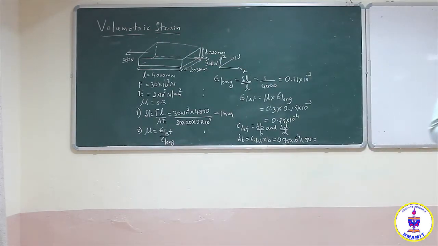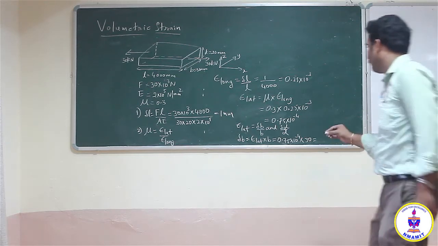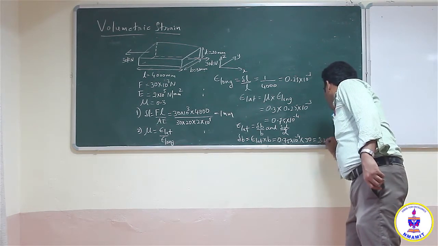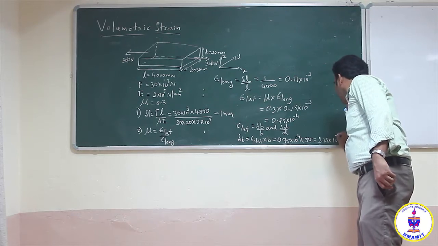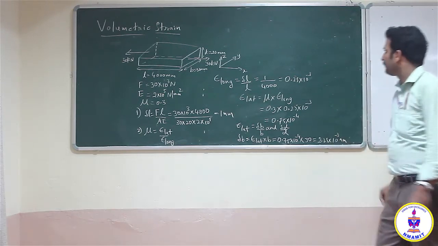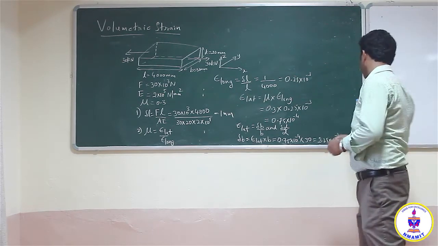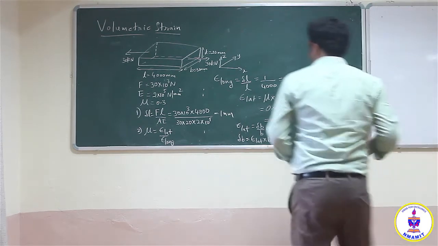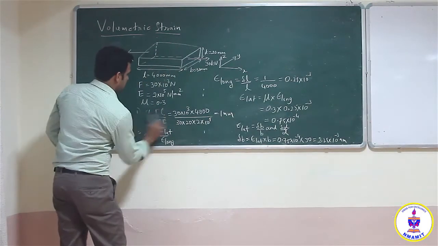The change in width comes to approximately 2.25 into 10 power minus 3 millimeter. Similarly, we can calculate the change in depth.